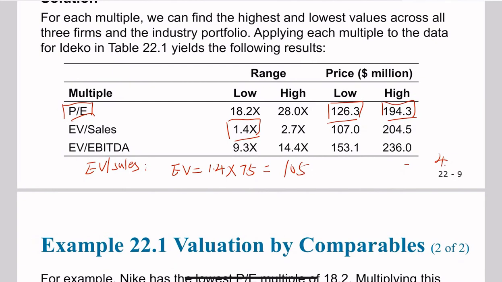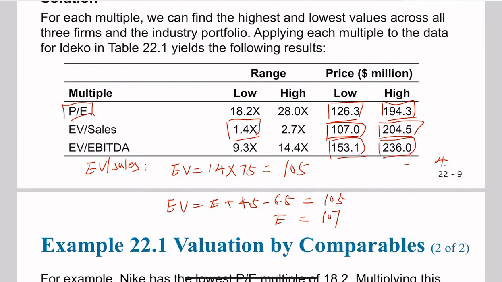We have learned EV equals the price of equity plus net debt. And we know that the firm has debt of 4.5 and its cash is 6.5. Then we can solve for the equity, which implies that the price of the equity would be 107, right? Again, you can do the same with other numbers, so you will have all these different numbers.